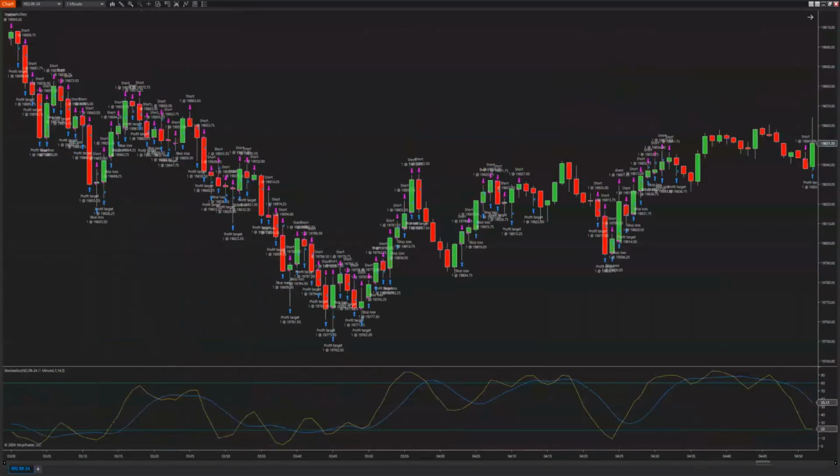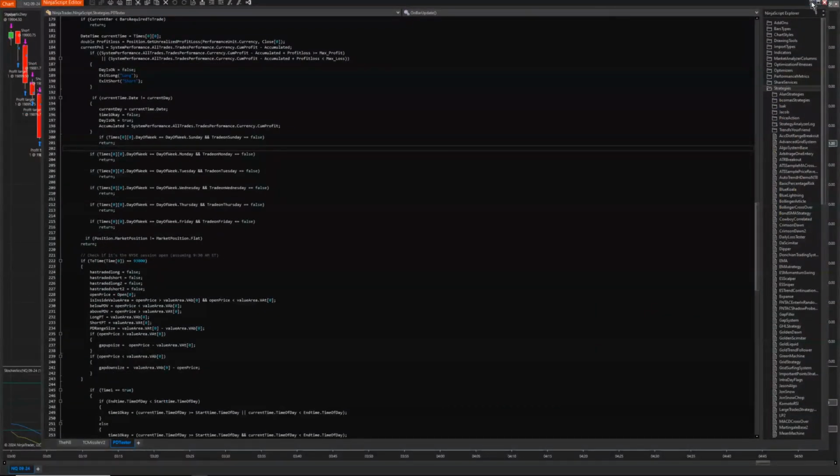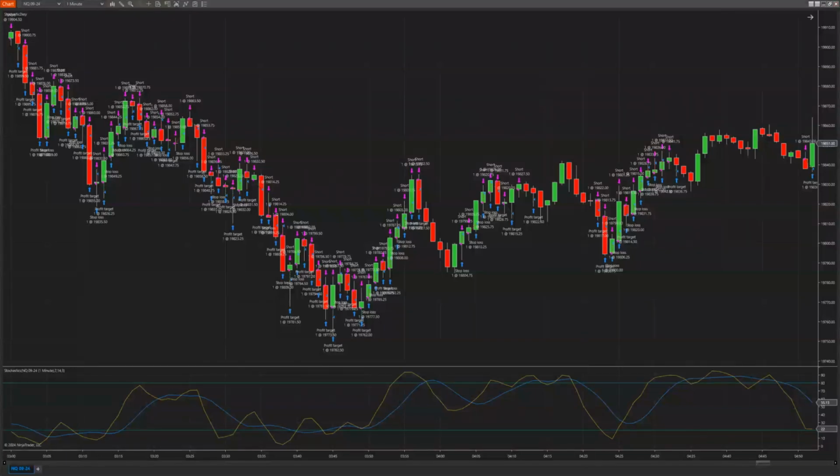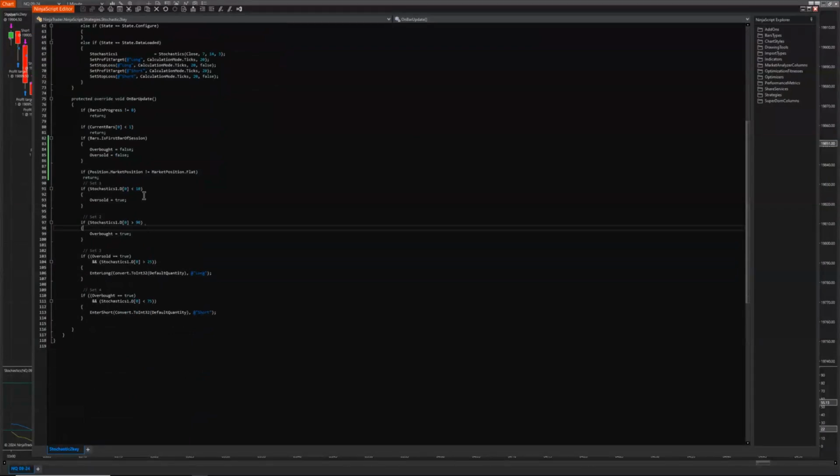Oh, you know what we didn't do? I know what we didn't do. We also want, wait, this is the wrong one. We also want, when we enter a trade, to reset the condition. So when we enter long, we want the oversold to be false. I was wondering why it was trading so much.